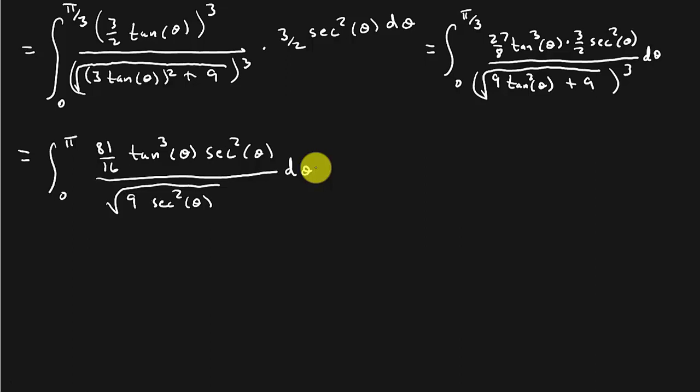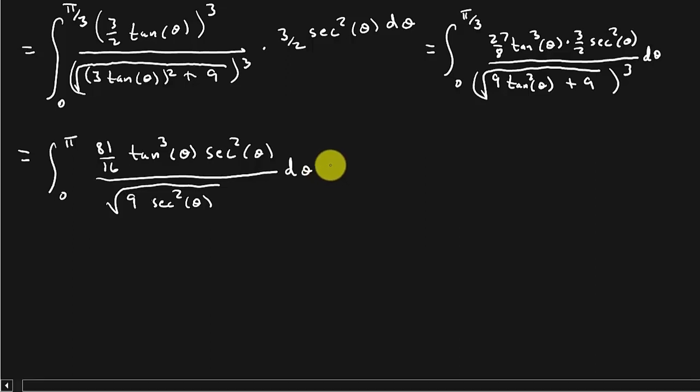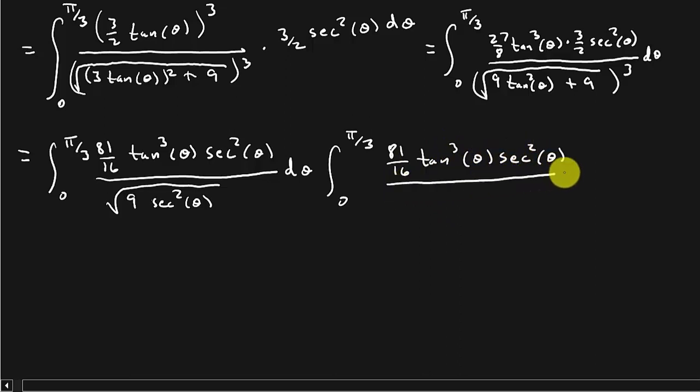All right. And so now, what do we have? Oh, and that's pi over 3. And so we got 0 to pi over 3 of, what is that? 81 over 16 tangent cubed theta secant squared theta over 3 secant theta.